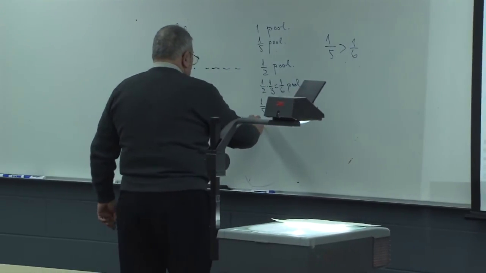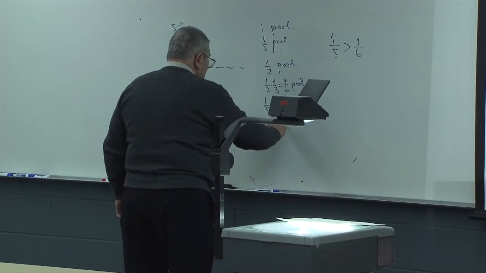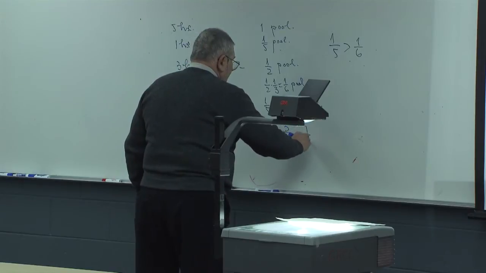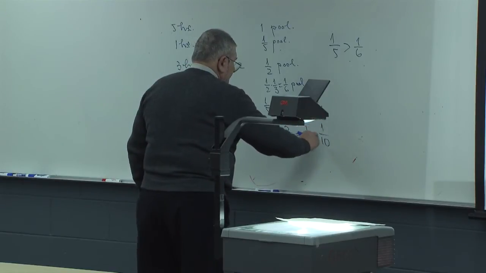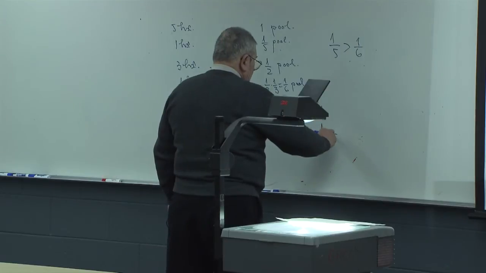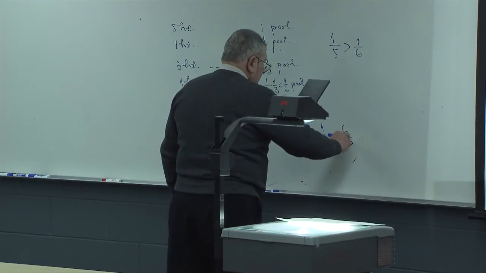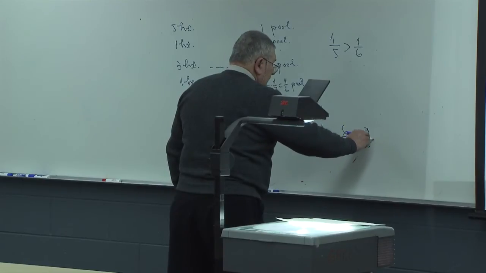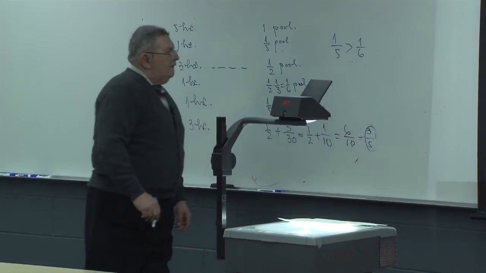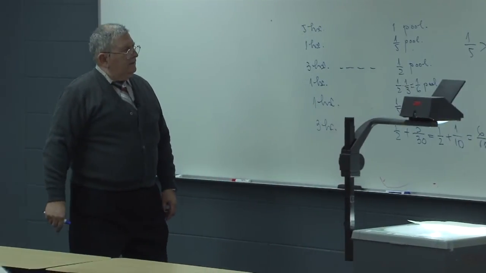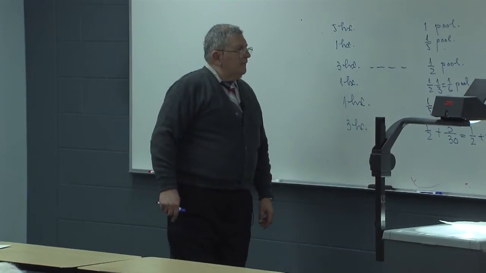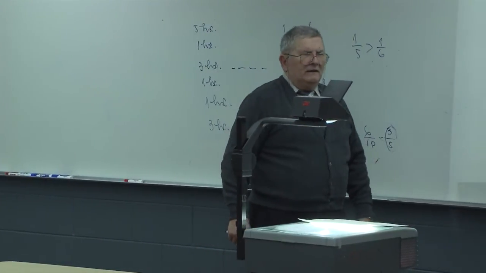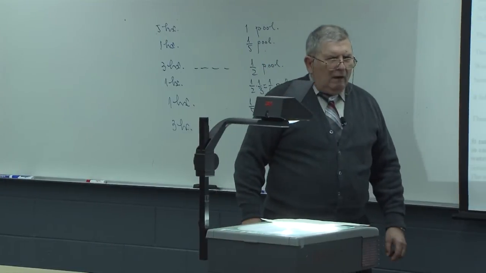We start with 1/2 plus 3/30, which is 1/2 plus 1/10, which is 6/10, which is 3/5. So 3/5 of the pool is filled. So from 1/2 to 3/5, a little bit more, in 3 hours. Okay.